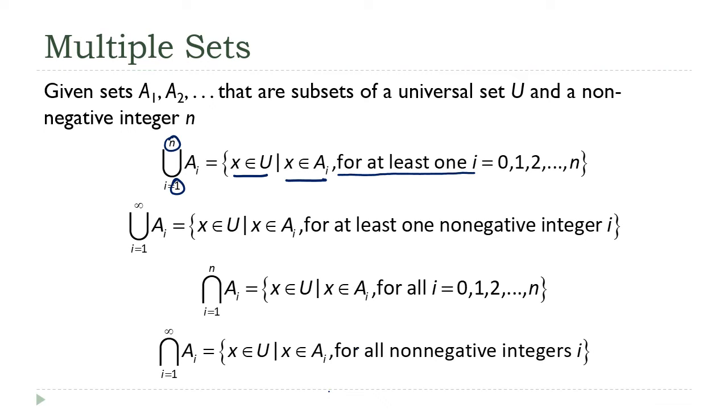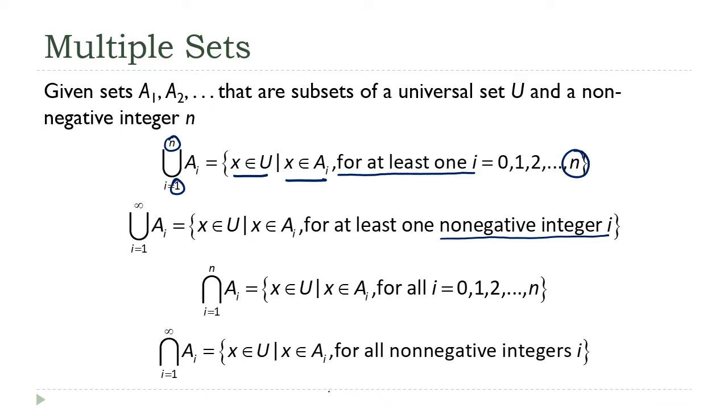And then down here, you can see now maybe why we need a separate definition. There is no n here for us to talk about if we're talking about an indexed collection of infinitely many sets. In this case, we just say for at least one non-negative integer i, right? It has to be in at least one of those sets that are making up the union.